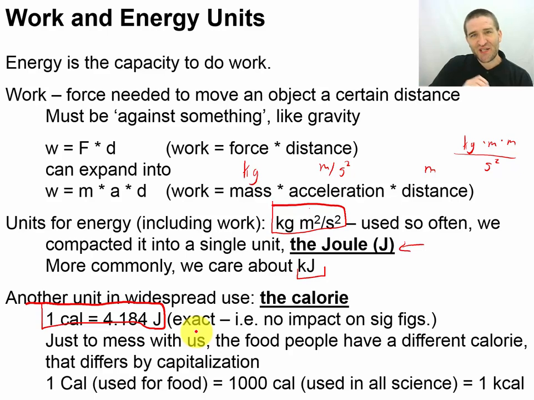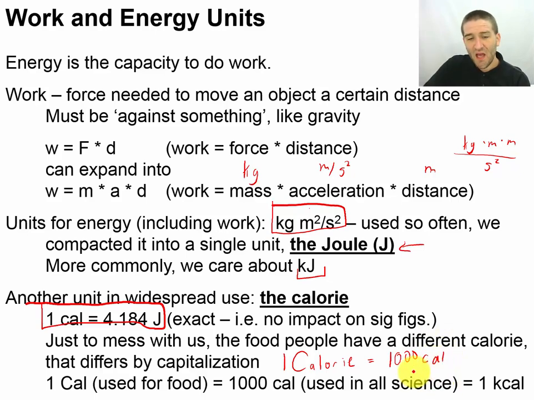But people in food science got so used to writing calorie that they just decided to kind of rescale things by capitalizing it. So a capitalized calorie is actually going to be 1,000 lowercase calories.